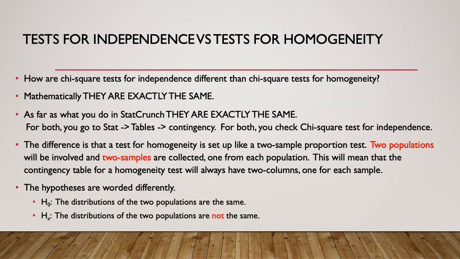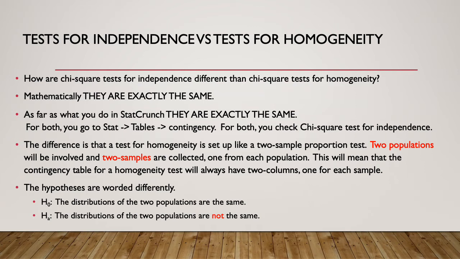Another difference between tests for independence and homogeneity are the hypotheses. For a test for homogeneity, again, this will be in words, the null hypothesis will be the distributions of the two populations are the same. The alternative hypothesis will just put in the word not.